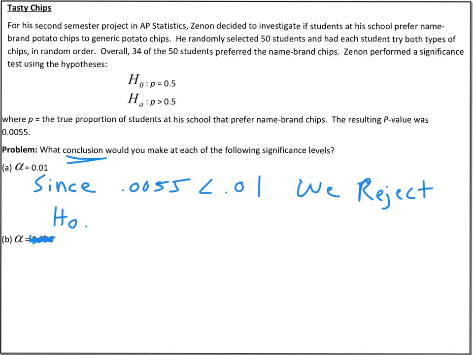We reject H0. Now our notes have said we need to state one sentence about HA that we're convinced that it's true. Well, HA says that p is greater than 0.5, so that would mean basically that we have convincing evidence that the students at this school prefer name brand potato chips. So that's exactly what I'm going to say.